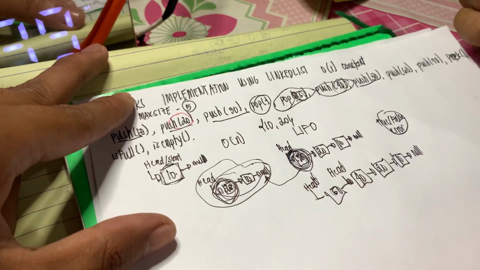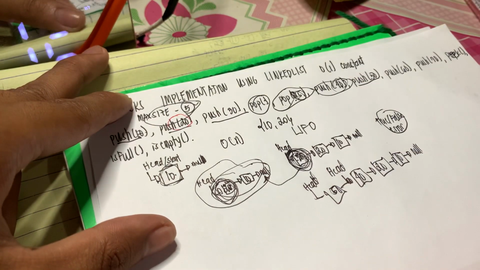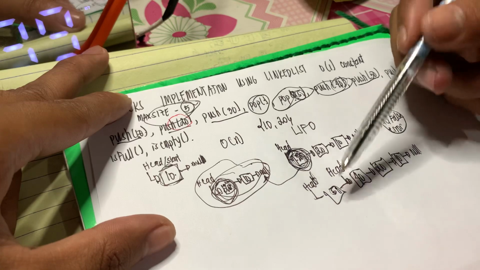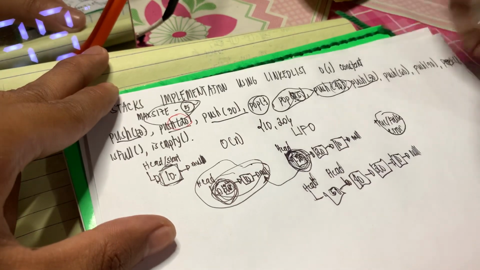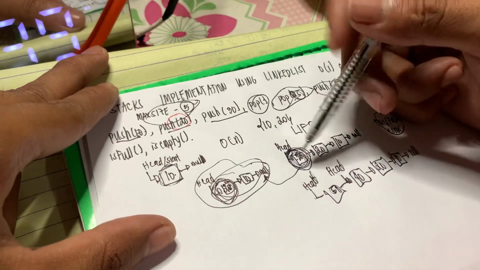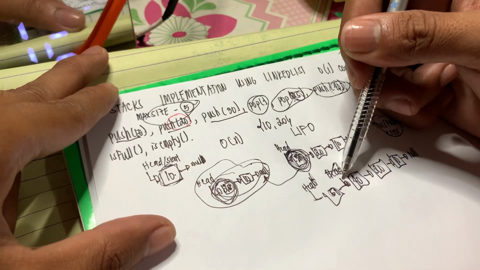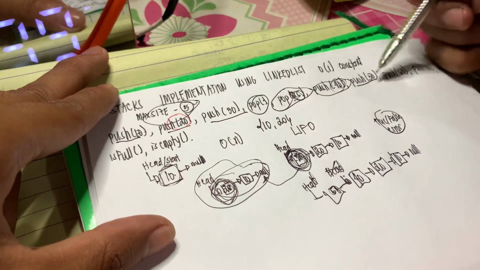Kindly remember that our maximum size is only 5 elements. So we need to count: 1, 2, 3, 4. It's still 4, so our linked list is not yet full. This is not the head anymore, because we pushed 50.